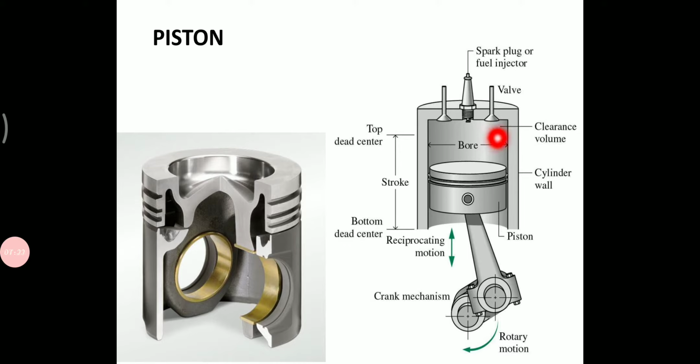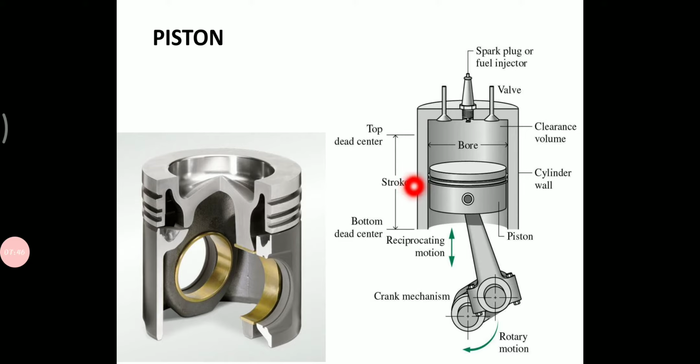It is called bore. Bore is nothing but the maximum diameter of the cylinder. You might have heard about stroke in the beginning of my slide. Stroke means if a piston is moving from the extreme top position to the extreme bottom position, then it is called one stroke.